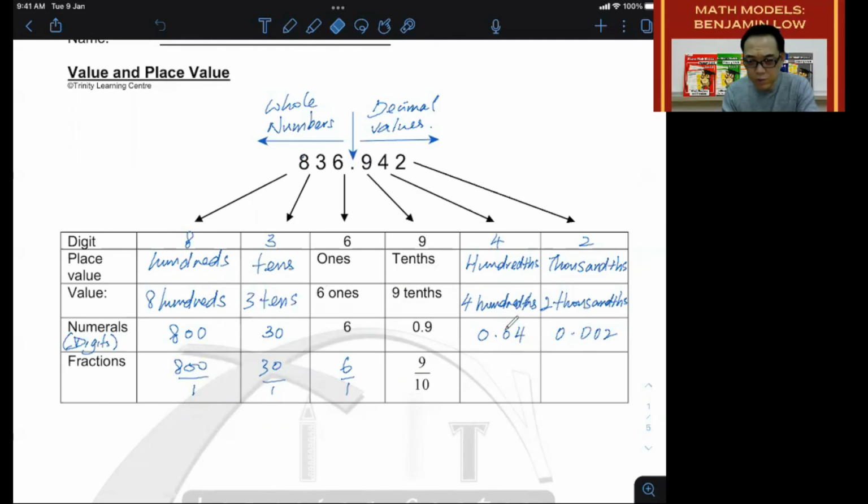Okay, now this is 0.04, and we know that 4 is in the position of the hundredths. So we just need to write 100 below and put 4 on top, and we have the answer. Another way of thinking about this is that if what you see is 2 decimal places, then what you want to do is put 2 zeros here.